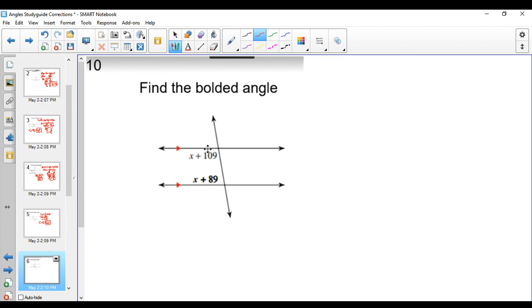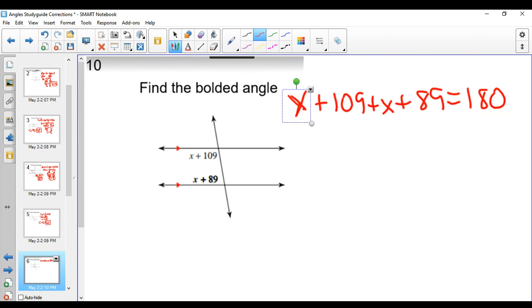Okay, number 10, it looks like these are consecutive interior angles, which means that they have a sum of 180 degrees. So I'm going to set up an equation based off of that fact. Sorry, it's not writing very well. x plus 109 plus x plus 89 equals 180.